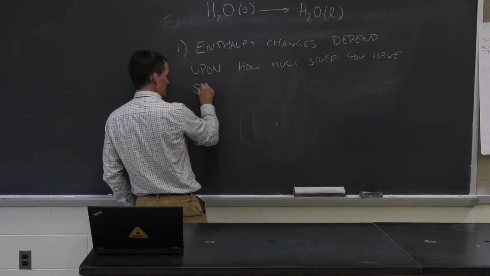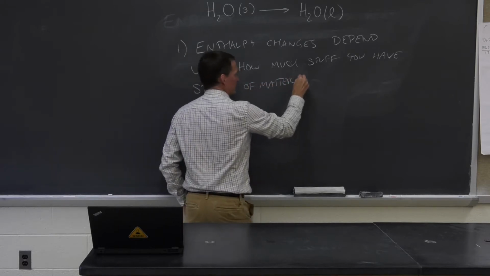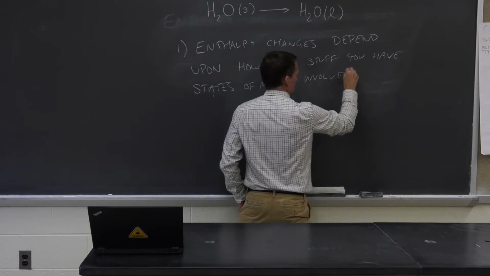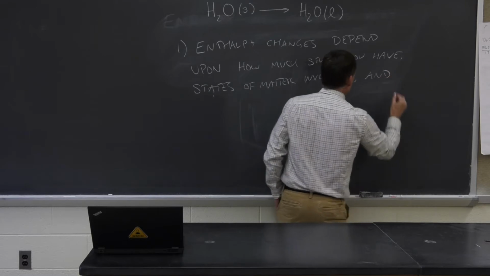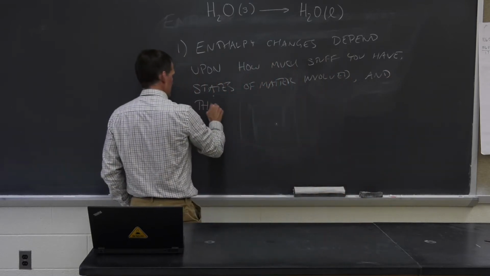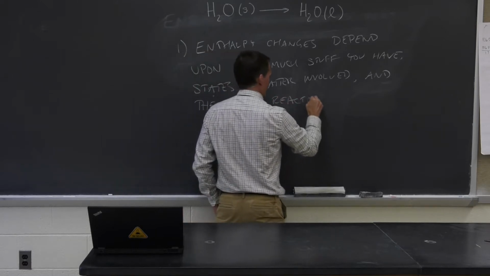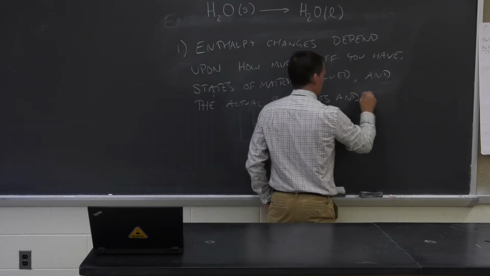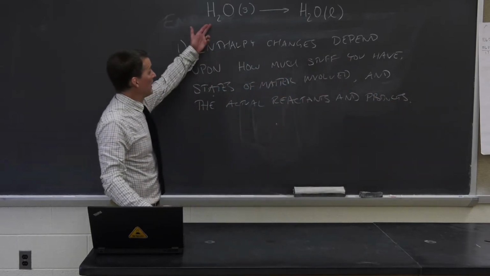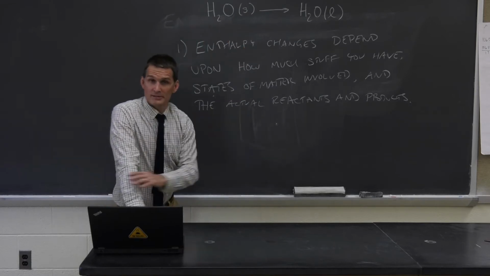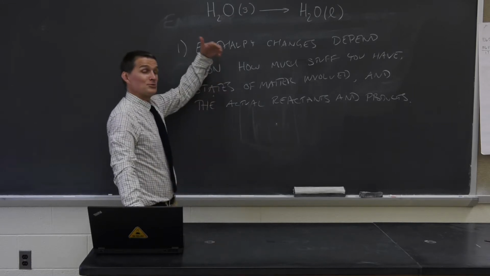The states of matter involved, and the actual reactants and products. For example, if I melt 1 gram of ice, that'll be a different enthalpy change than if I melt 2 grams of ice.